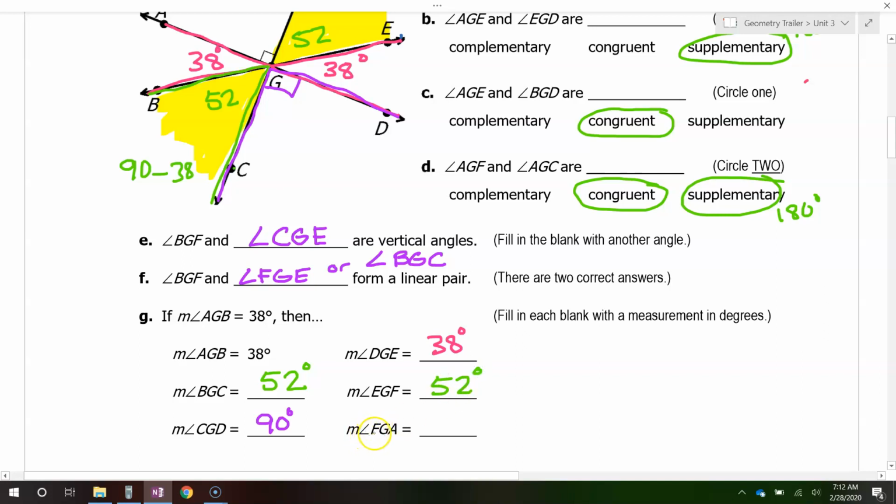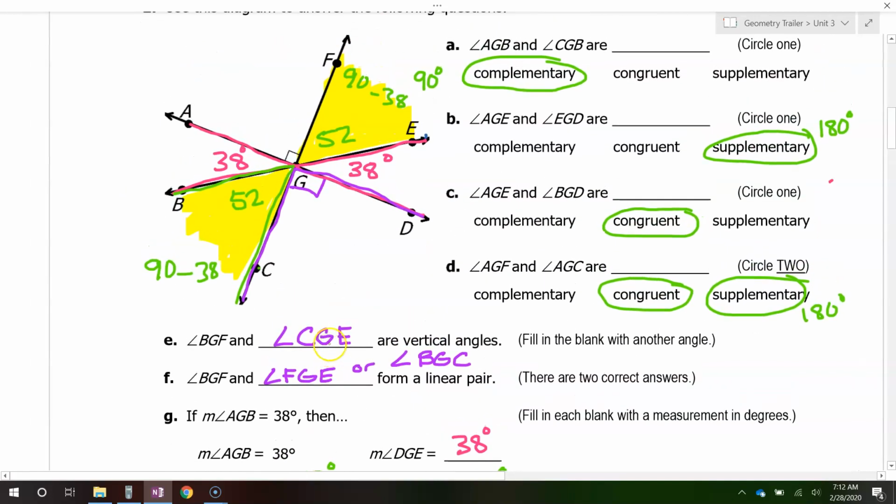Okay, last is angle FGA. Okay, angle FGA is this angle right here. And this feels a little bit silly because there's a little box right there. So we already know angle FGA is obviously a 90-degree angle because it says so right there.